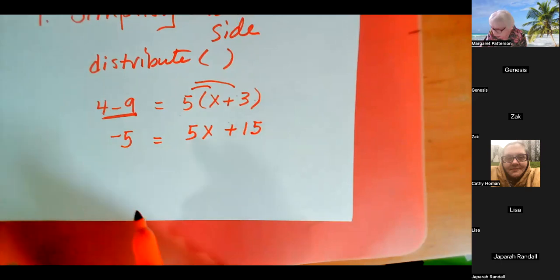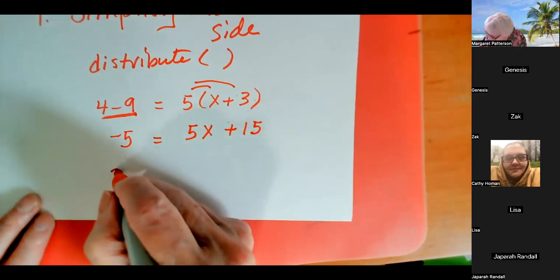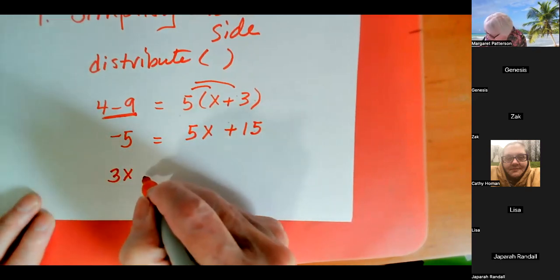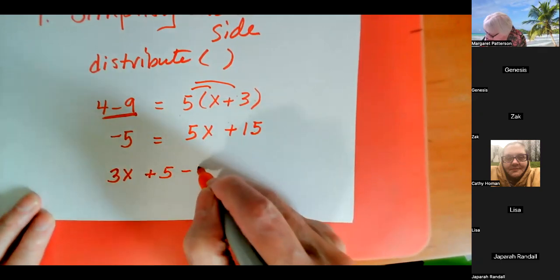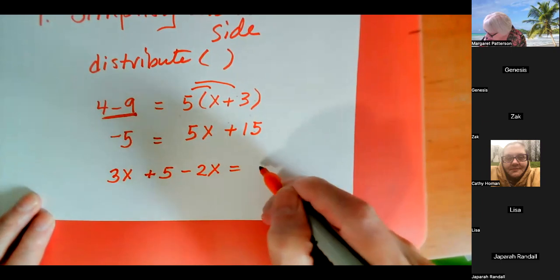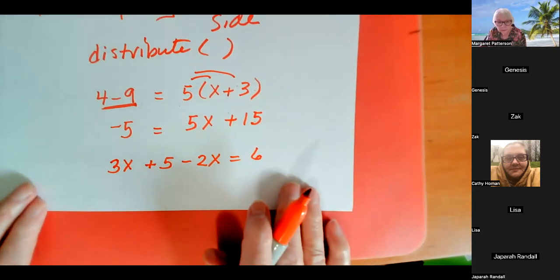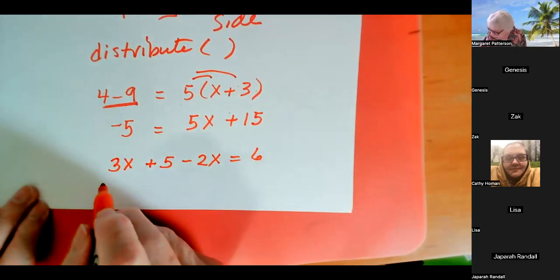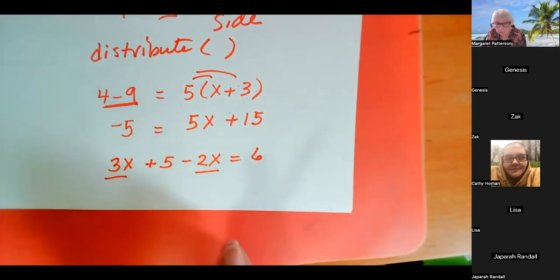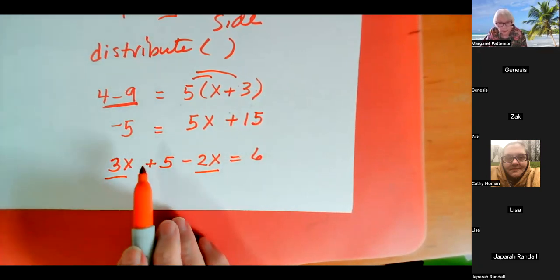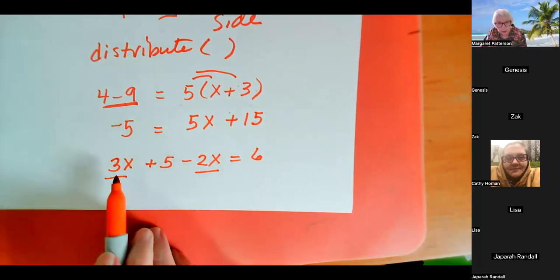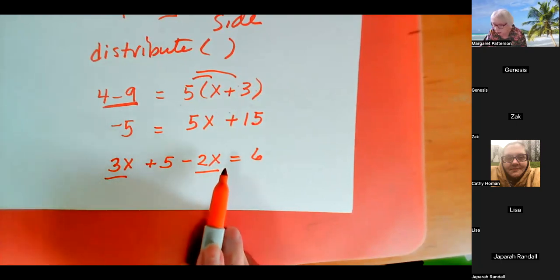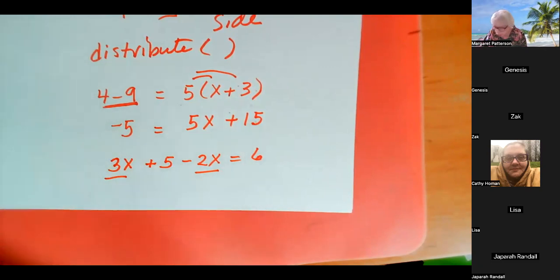And there's one more thing. If you have 3x plus 5 minus 2x is 6, you count your terms, and I have 3 of them, and 2 of them are alike, you combine like terms.